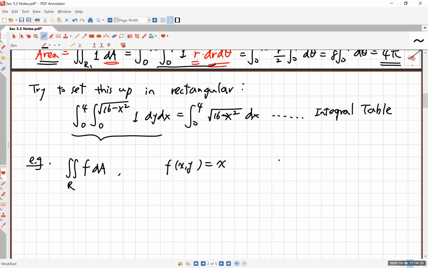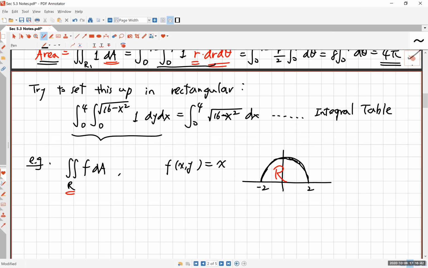And then my region is the upper half circle of radius 2. And so this is my region here. Okay, let's see if you can integrate this using polar. Find that, and then we will come back.